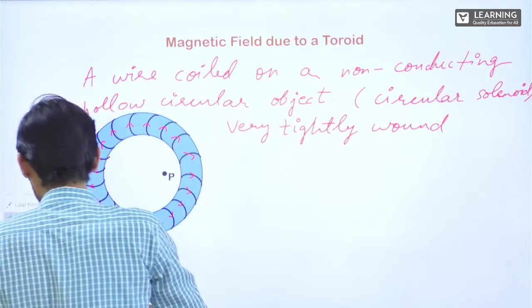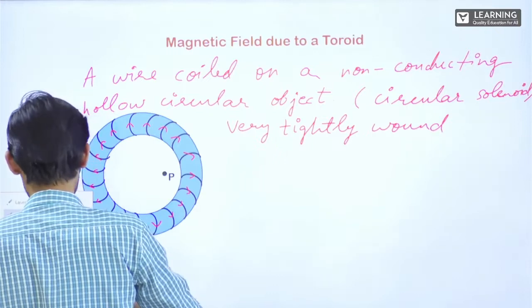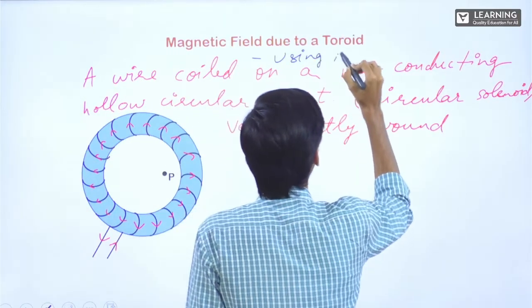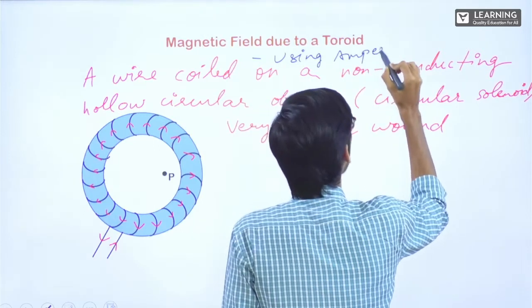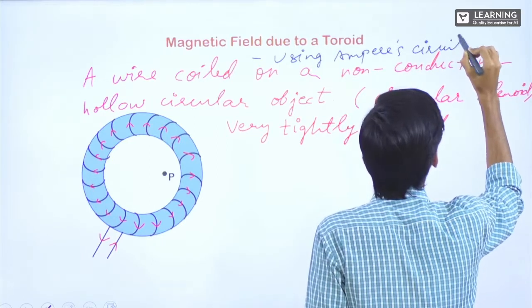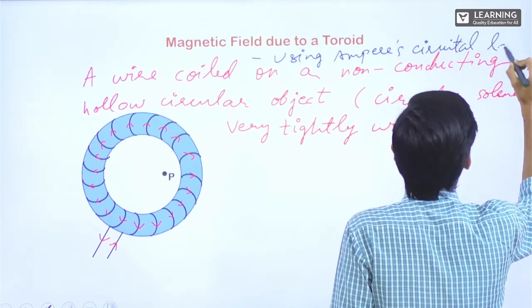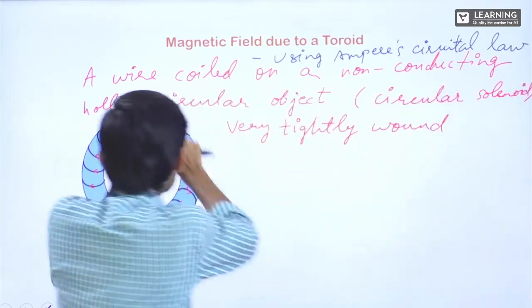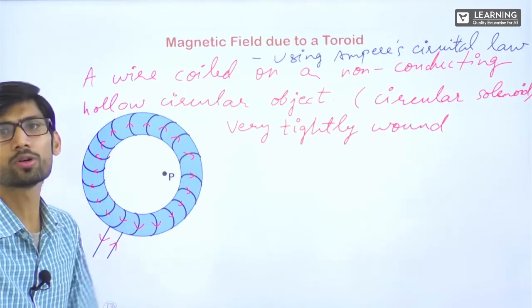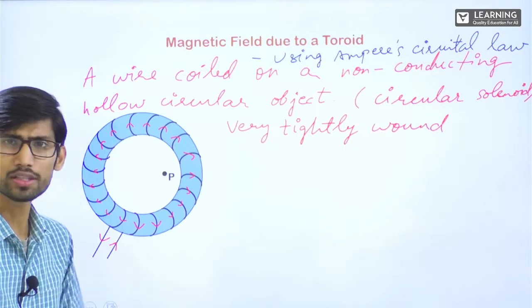Here we will be finding out using Ampere Circuit Law, because it's a circular thing, right? So from anywhere you see it is symmetric only. Any circular or spherical thing is symmetric only, right?